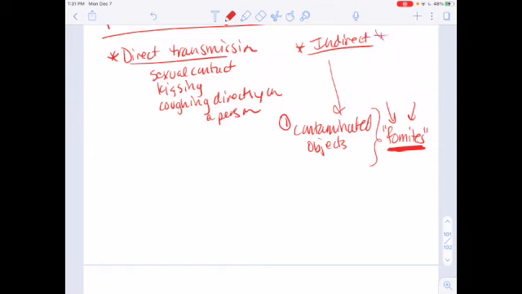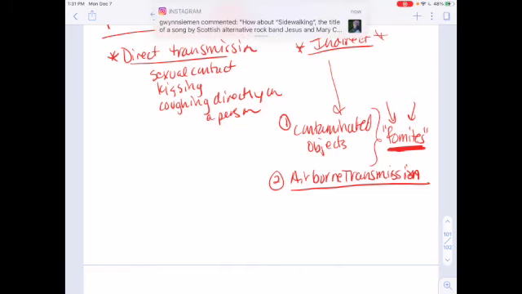Another form of indirect contact is airborne transmission, which you've probably heard a good bit about if you follow the news much. Airborne transmission, I think I need to put an E on the end of that. This is when the pathogen can be carried on tiny droplets in the air.